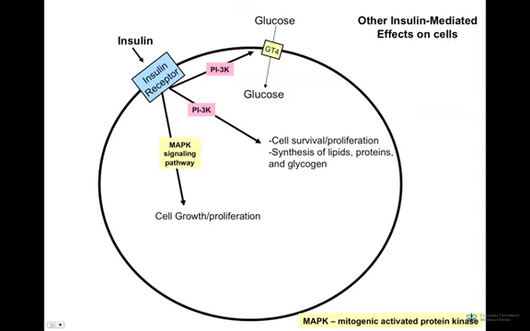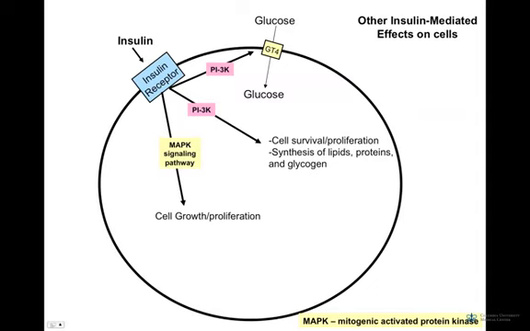There are many other intracellular events that are stimulated by the PI3K signaling pathway. It stimulates proliferation, it stimulates the synthesis of lipids, proteins, and glycogen, which makes sense. The cell is taking up glucose. So the insulin is also stimulating all of the enzymes necessary to convert glucose into triglycerides, so the cell can then store the glucose in the form of triglycerides.